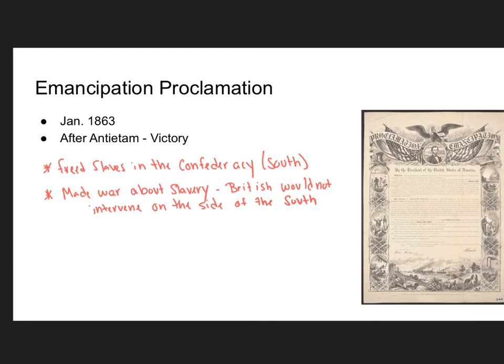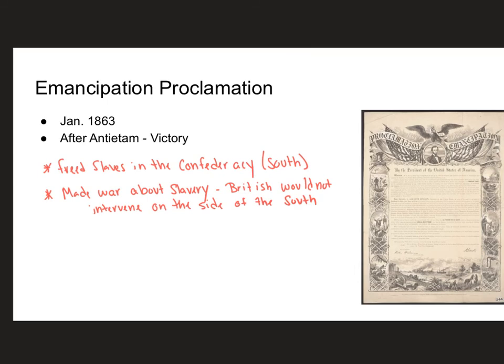And so at first, the British were sensitive and sympathetic to the South. But once Lincoln officially made this about slavery, the British wanted nothing to do with it. They did not want to get involved in slavery or a nation that was fighting over enslaved people. And so the British stayed out of it because of the Emancipation Proclamation. So even though the Emancipation Proclamation didn't actually free anybody, it was still an extremely important document for the winning of the war.